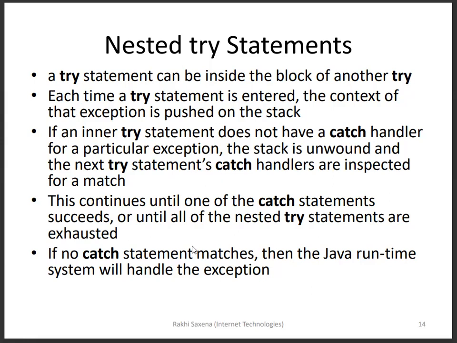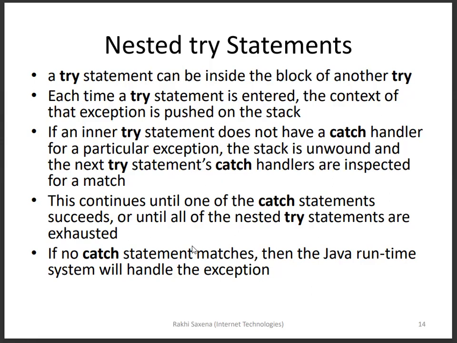If an inner try statement does not have a catch handler for the particular exception, the stack is unwound and the next try statement's catch handlers are inspected for a match. For example, if you have written a try inside a try and have not given the catch for the inner try, then the catch of the outer try will be considered to handle the exception of the inner try.